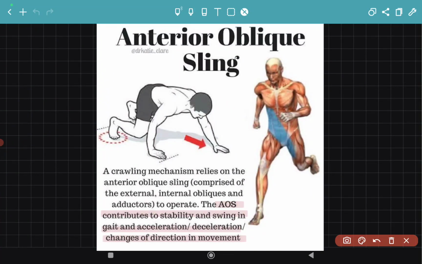So here we can see that anterior oblique sling contributes to stability and swing phase in gait and acceleration or deceleration or changes of direction in movement.